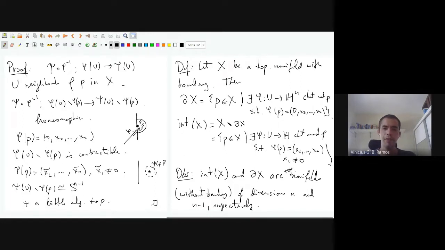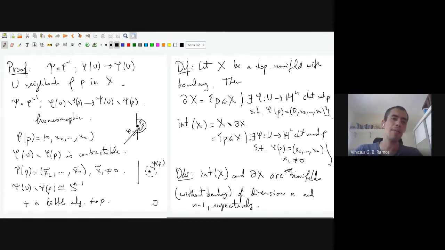If you're an interior point, then an open neighborhood in H^n can be made small enough so it's actually an open set of R^n. And if you're on the boundary, where x1 is equal to 0, then the intersection of an open neighborhood in H^n with this R^(n-1) is just an open neighborhood in R^(n-1). That's why the boundary of X is also a topological manifold. Okay?